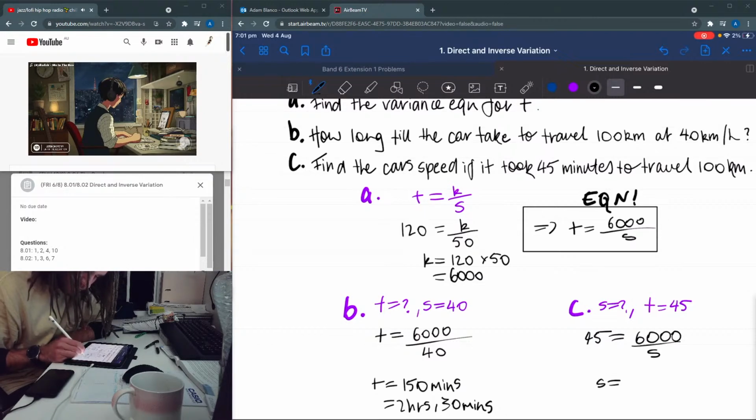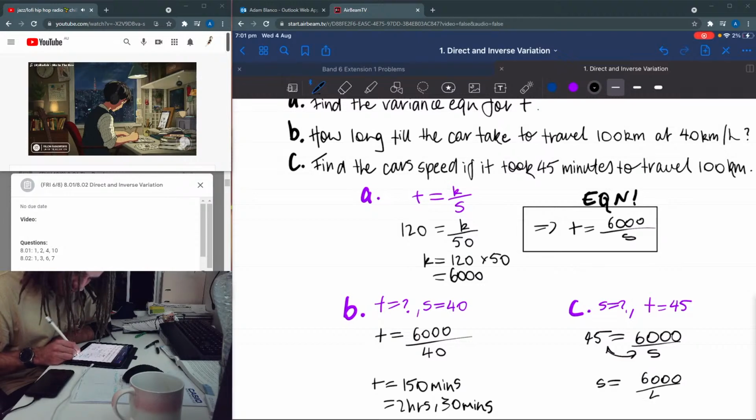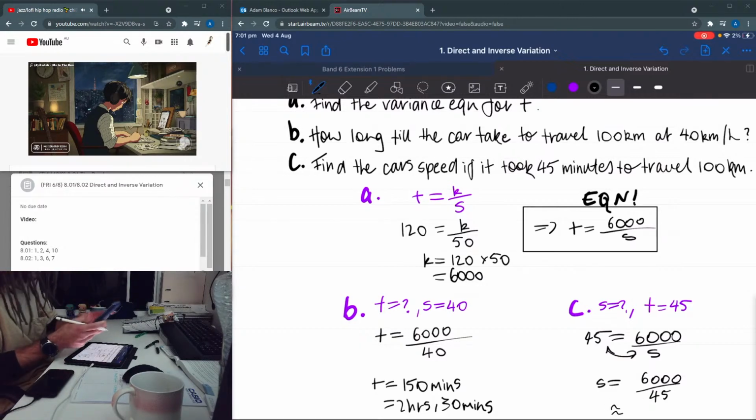S is equal to, so you can do the old swapsies, 6,000 on 45, which is approximately 133.3 repeating. What does that mean? My speed, 133 kilometers an hour. Holy moly, that would be pretty fast and also highly illegal.